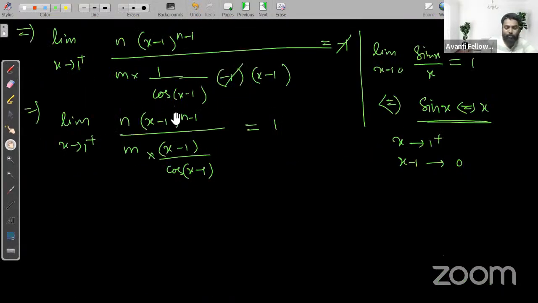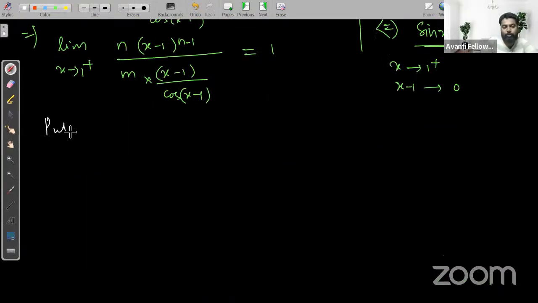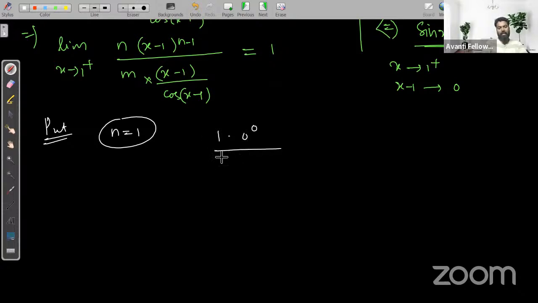If you'll put n is equal to 1, okay. अगर हम n is equal to 1 put करेंगे तो, this will be giving you 1 into 0 to the power 1 minus 0 to the power 0, divided by m into 1 minus 1, 0 upon cos of 0, that is 1. Okay, 0 upon m into 0, so this is 1. This is not giving you 1, है ना?